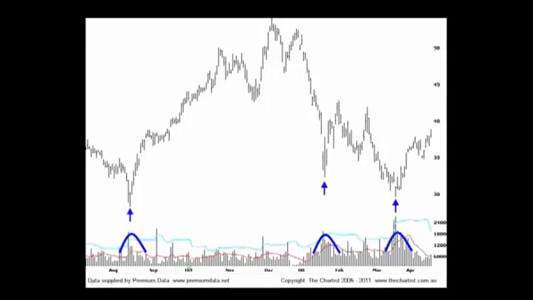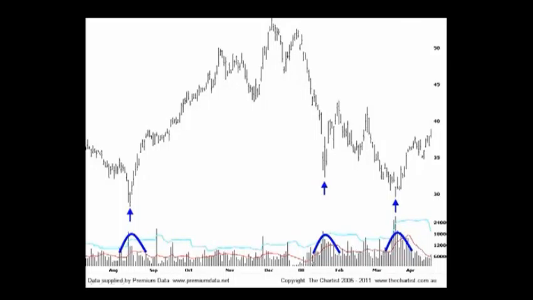Our black histogram is the volume. The red line is a 10-day moving average of volume. Okay, so that gives us the trend of volume. You can see here the trend of volume is increasing, decreasing and flat, increasing, decreasing.